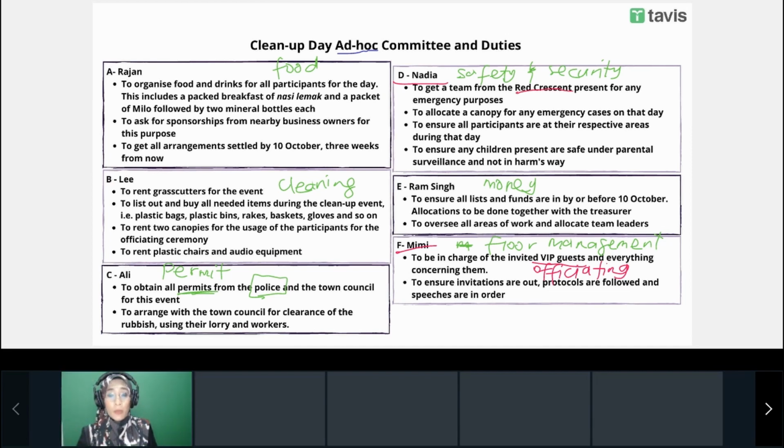So what would they do? On what cases? For any emergency purposes. For emergency cases. So now we have a word that fits best in the blank. Emergency. Right? Emergency cases. How do I know, teacher?